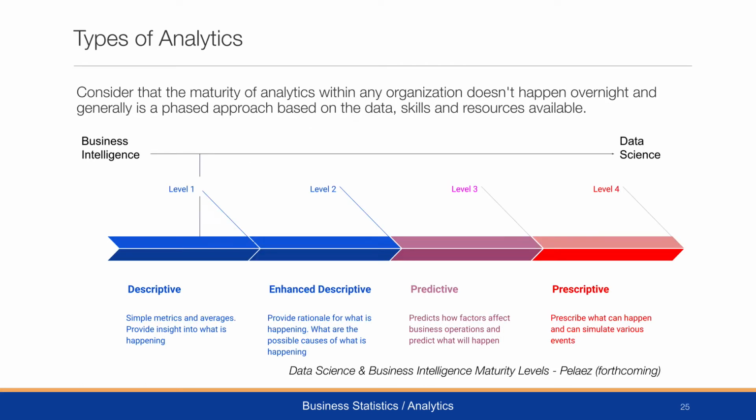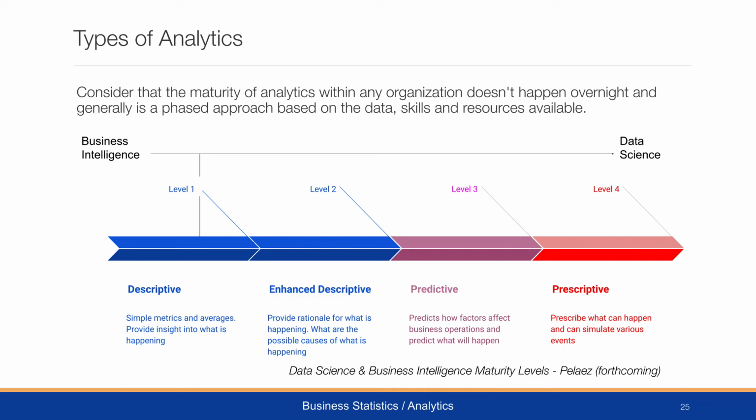Considering that the maturity of analytics within an organization doesn't happen overnight and is a phased approach, we have these 4 levels of analytics. The first level is descriptive. If we're doing some basic descriptive level analytics, simple metrics, averages, see what's happening year over year, month over month, well, that's in the business intelligence realm, and it's what we call our level 1. Moving into a little bit more, we have an enhanced descriptive where we can provide rationale for what is happening and identify possible causes. We might use some additional techniques to help us do that, but that's a level 2.